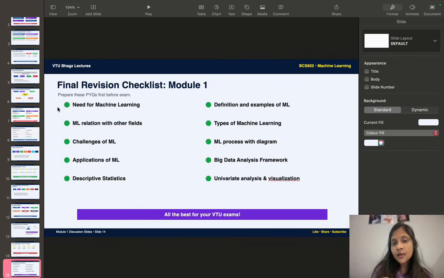Instead of saying types of machine learning, they can ask you to explain supervised and unsupervised machine learning, which is nothing but the types of machine learning. But from these topics only, you are going to get the questions. Definitely, 100% it is going to come from this.